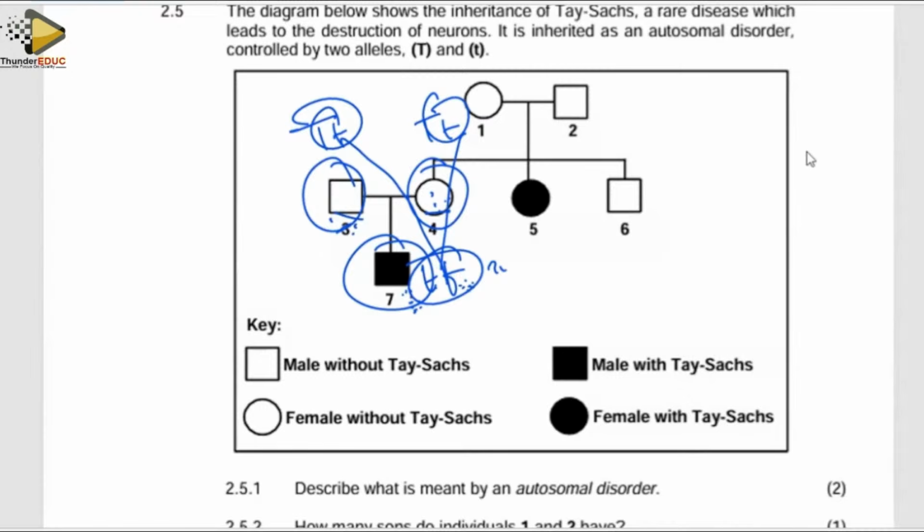It means that this individual number 7 received 1 recessive allele from each of them, which means that this condition is caused by a recessive allele.